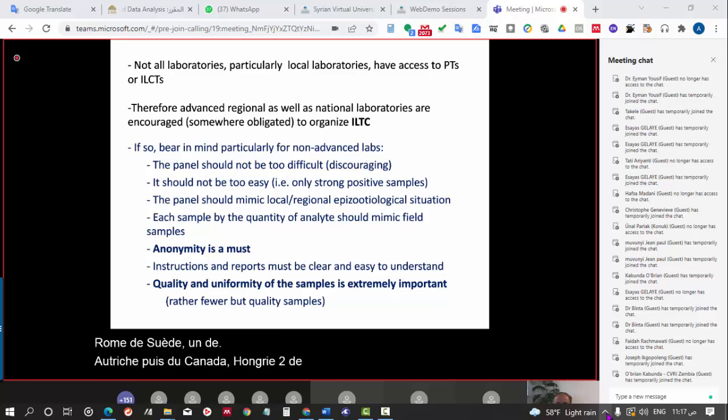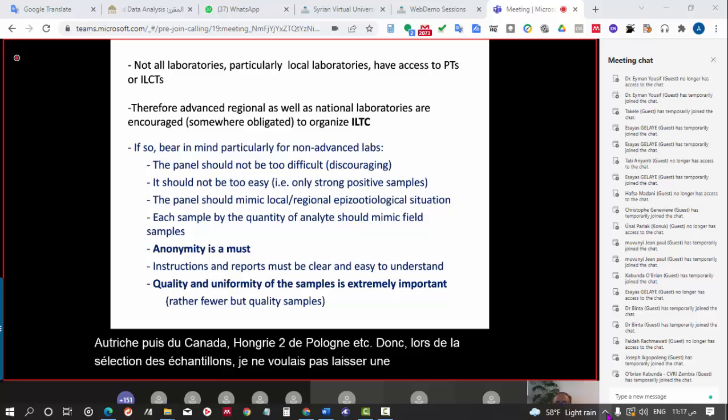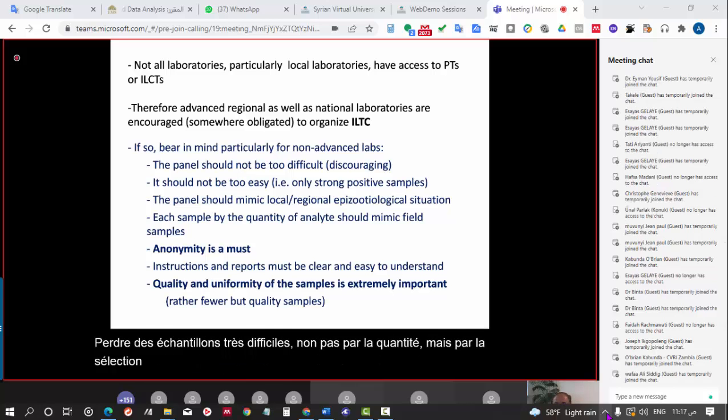So when selecting samples, I didn't want to leave an impression of a superficial laboratory providing very easy samples. So I have chosen very difficult samples, not by the quantity, but by the selection of strains. And at that moment, I thought it would be very good to make a proficiency panel good.